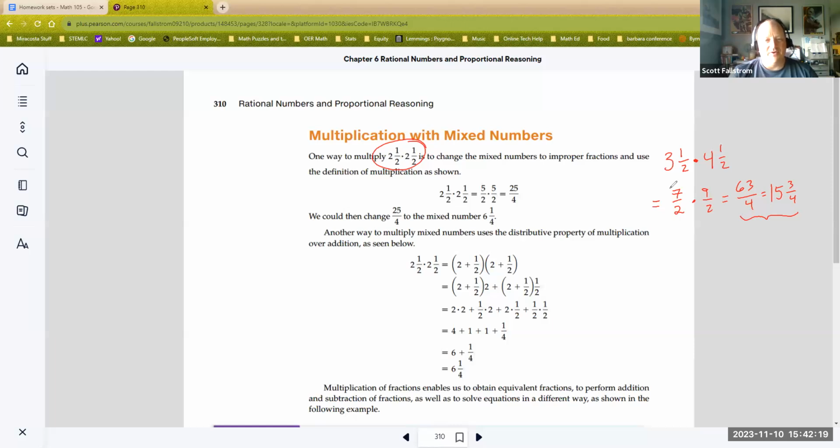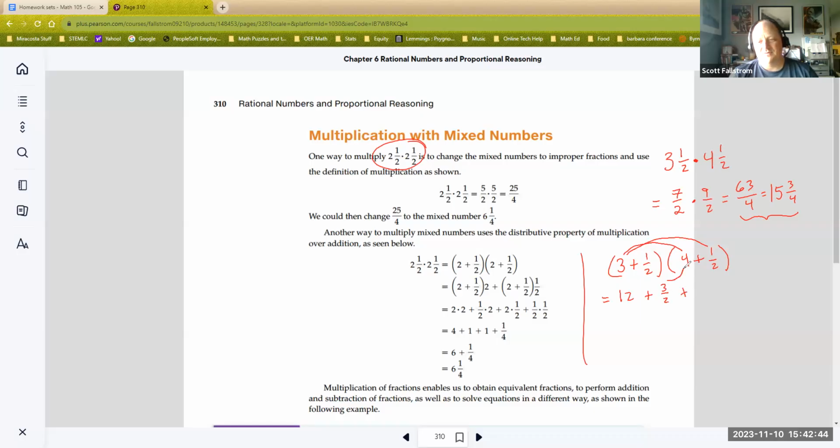Okay, that's one way to do it. The other way to do it, if you want to not turn them into improper fractions, is to multiply them as if they were added, which is the correct way to think of these because there is an addition sign between each one of them. Then use the distributive property. 3 times 4 gives me 12. 3 times 1/2 gives me 3 halves.